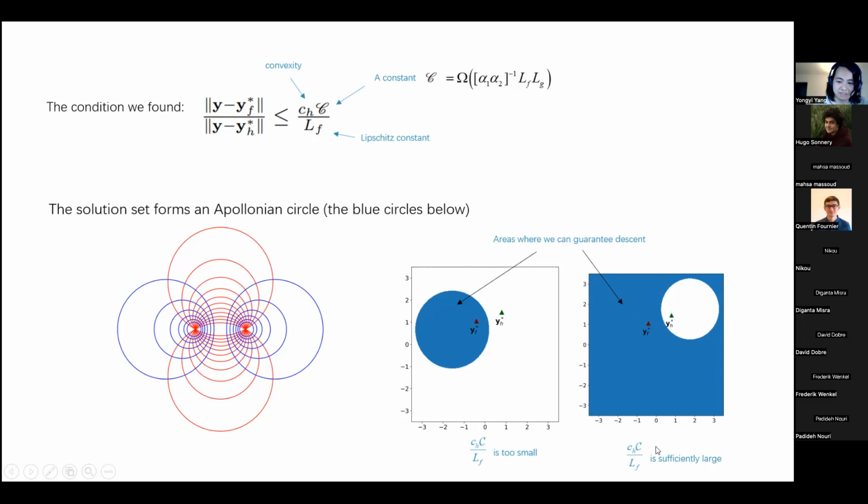So it shows that if the right hand side of this inequality is sufficiently large, then we can guarantee descent of h in almost the whole space except the small circle around y_h star, which is the optimal point of h. And this circle actually goes to zero if alpha is sufficiently small.